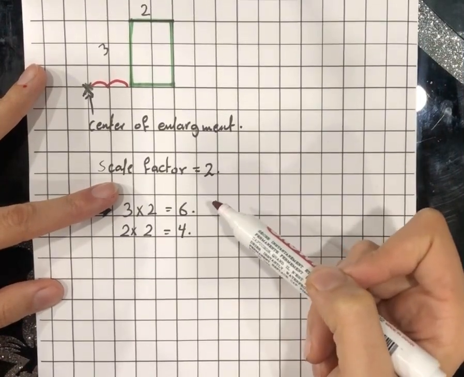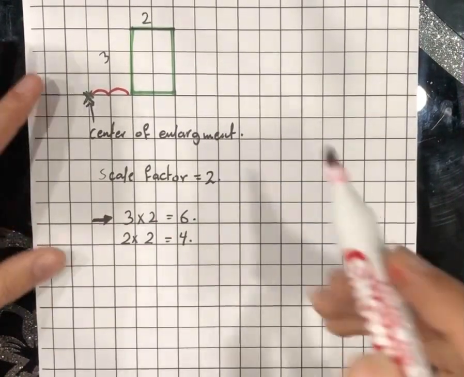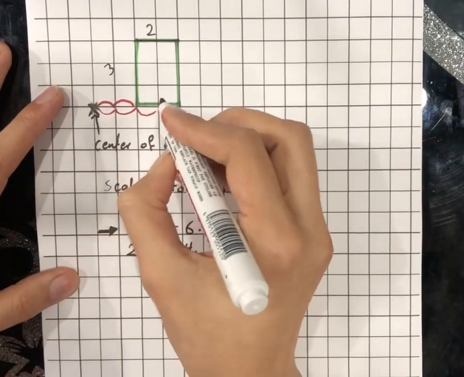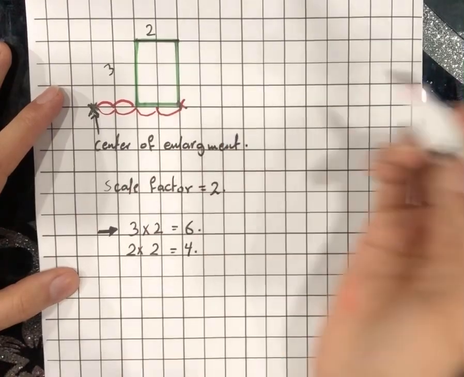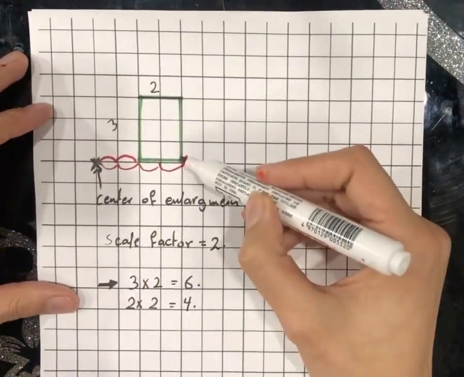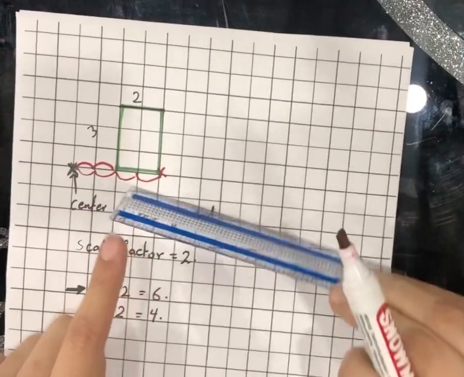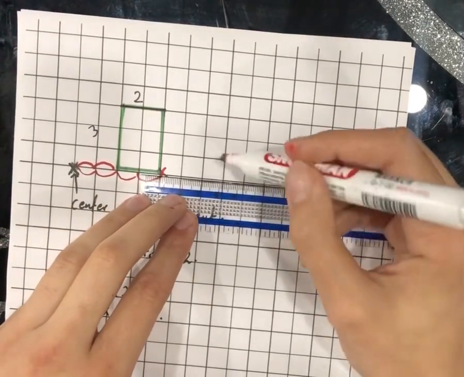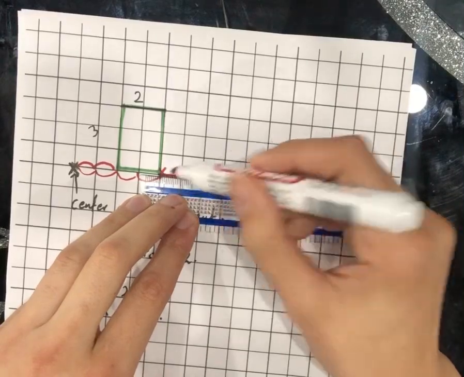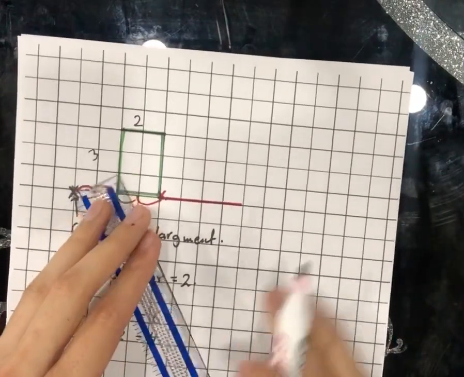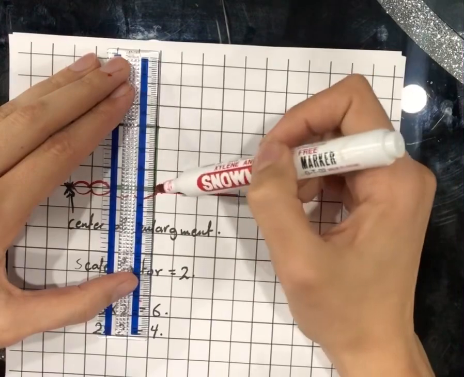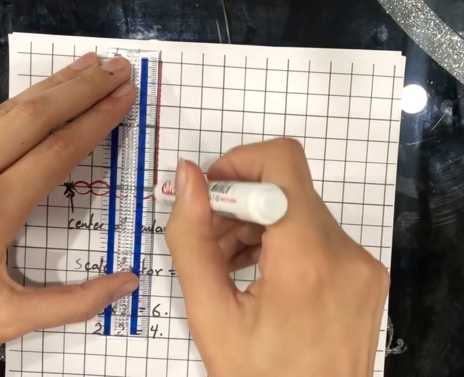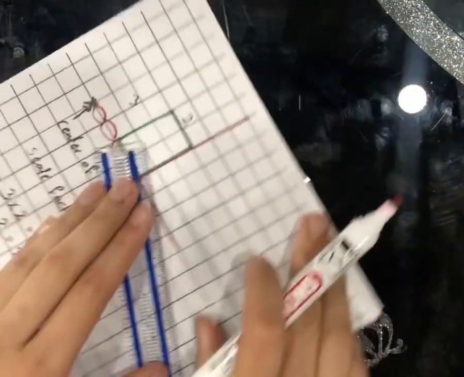So now I need to count my squares. I will count 1, 2, 3, 4. So my rectangle needs to start here. From here, I will draw my width, which is 4. And I will draw my length, which is 6. 1, 2, 3, 4, 5, 6 centimeters.